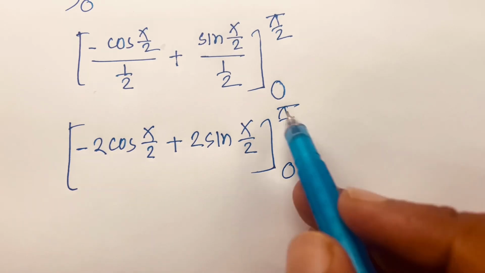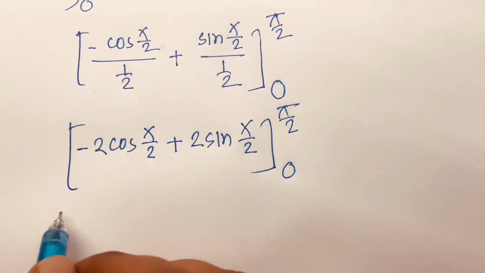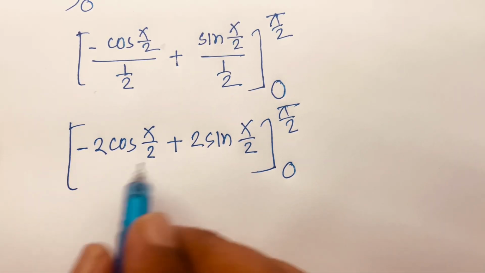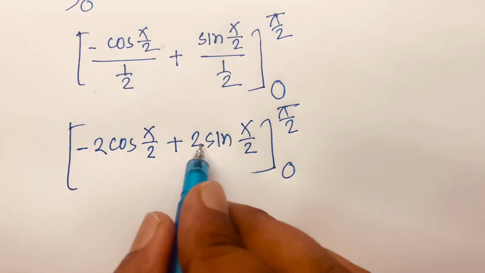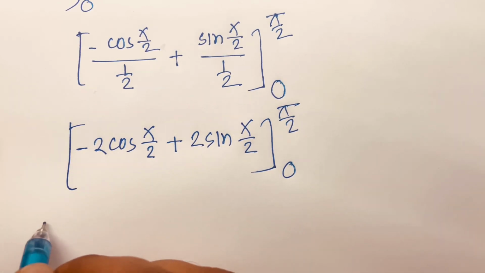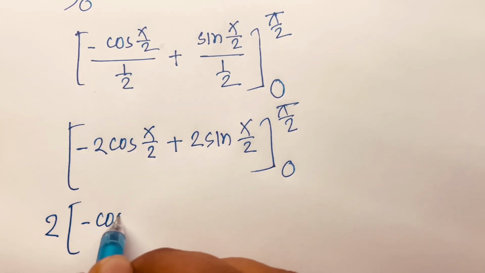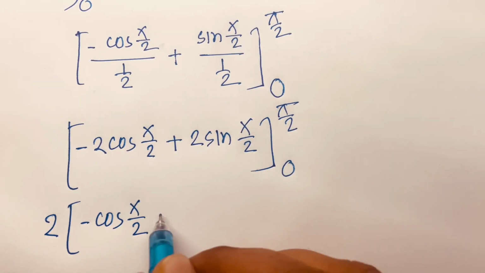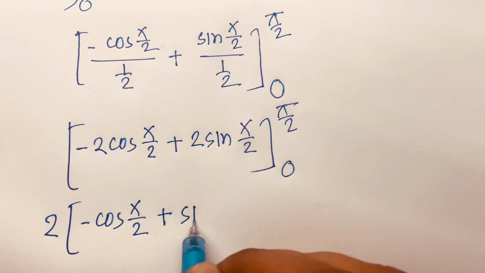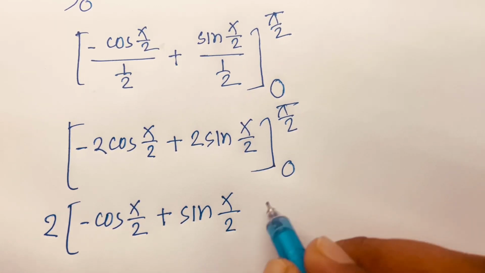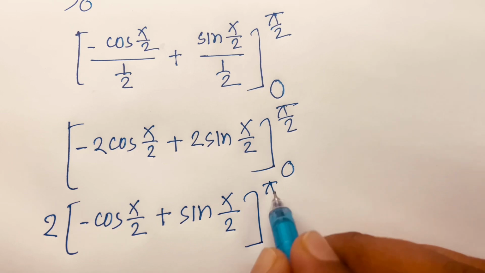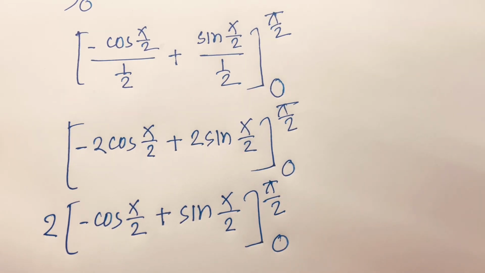Now I put in both limits. I can see here minus 2 and 2, so 2 is common, so it will be minus cos x by 2 plus sin x by 2, bracket pi over 2 and 0.